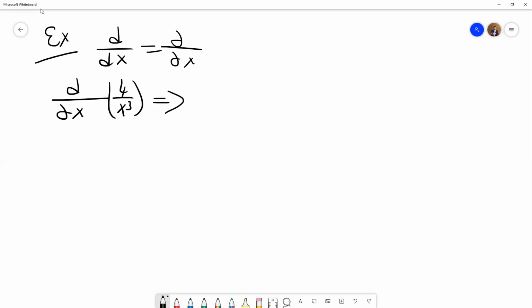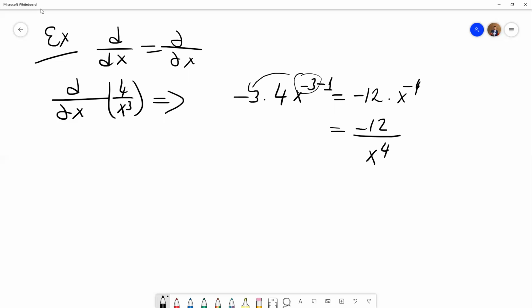First of all, we write 4 here, and we have x to the minus 3. For the derivative, we put this minus 3 on the left, multiplying like that, and subtract 1 from the power. And finally, minus 12 x to the minus 4, that is minus 12 over x to the 4. Because of this minus sign, we put x in the denominator.